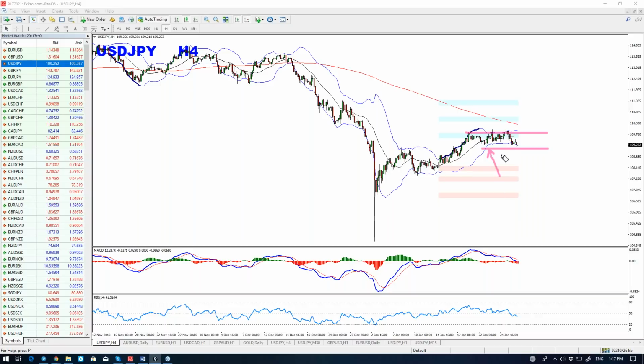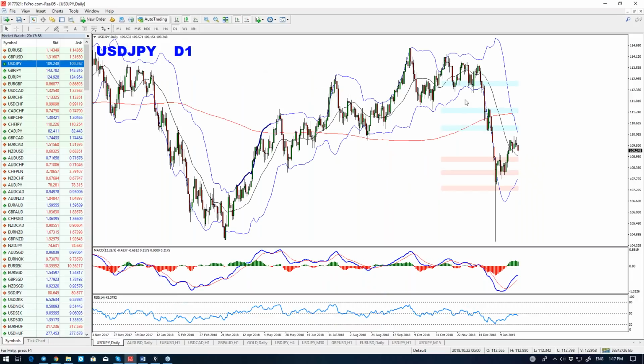You see that? And what is the structure? By creating lower lows and lower highs. We don't have it yet. Now that raises a question. So if we take a look on this picture, right? The daily might provide us any kind of corrective cycle.